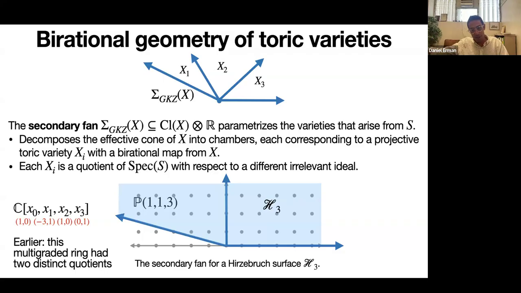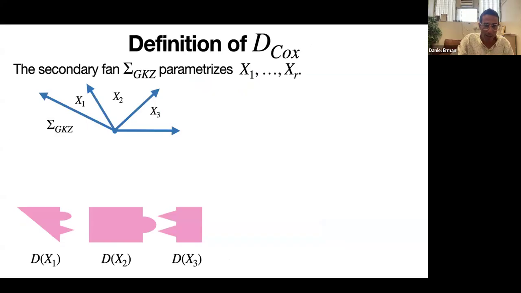From a single Cox ring, you get a bunch of distinct toric varieties. So for my earlier case where I had this Hirzebruch surface and it had this funny grading, and I said there's two good quotients you could get, the secondary fan would look like this. You have a Hirzebruch surface on one side and a weighted projective space on the other. And those are the two distinct quotients you get from this funny looking graded polynomial ring.